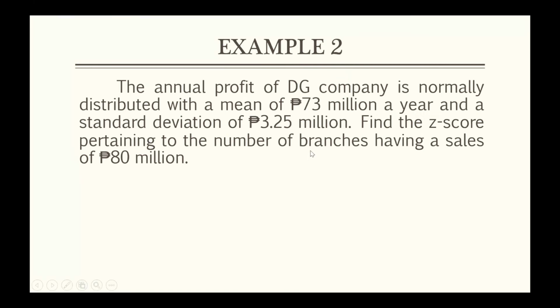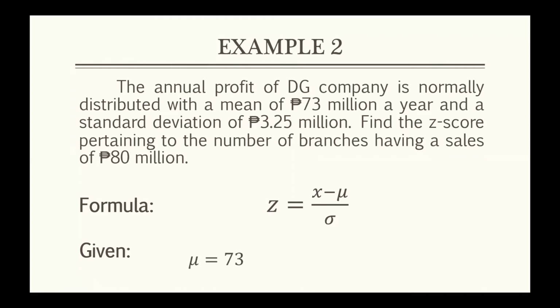So here, using the formula for standard score or z-score, we have z equals x minus mu all over sigma. We have the given. For the mean, we have 73 in million. For the standard deviation, from the problem, we have 3.25 in million. And for the raw score or x, we have here the sales, 80 million pesos.